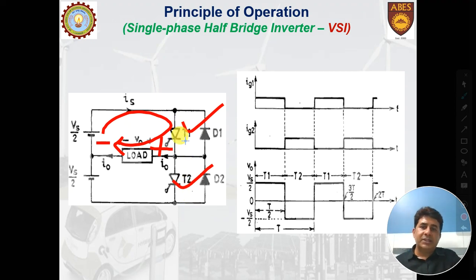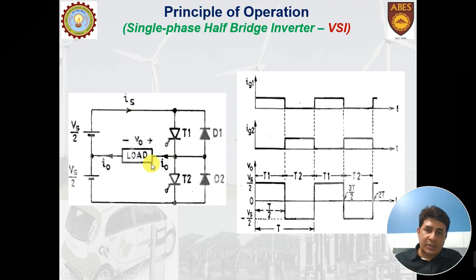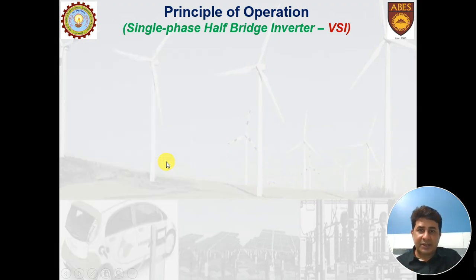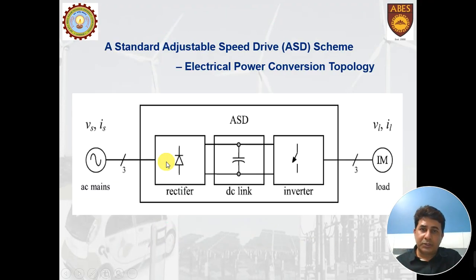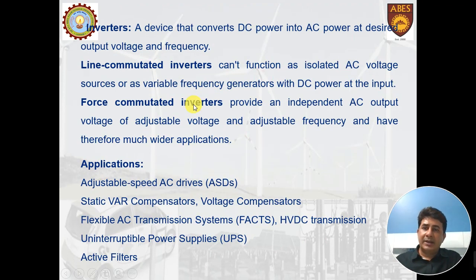So whenever these devices are to be triggered, they are simply given a pulse here at the gate. But while commutating, we have to use the forced commutation in this. As you must have noticed here in my very first slide, forced commutated inverters.